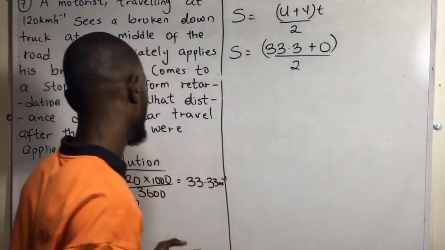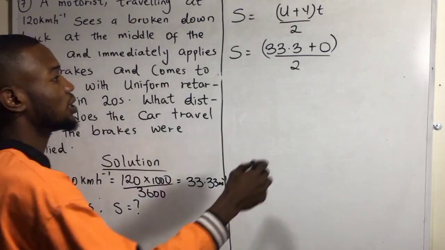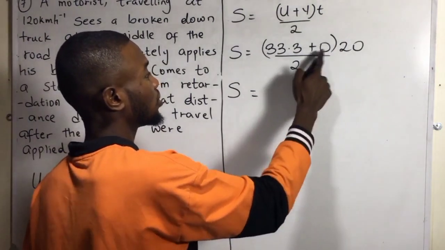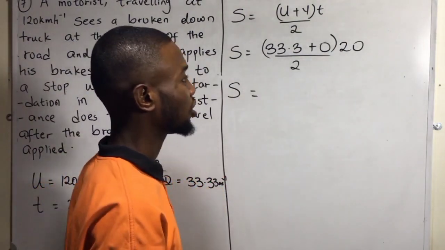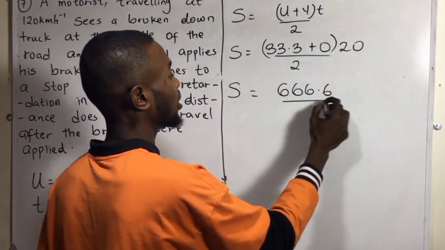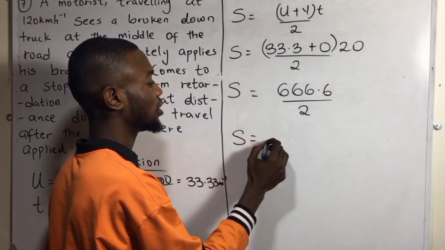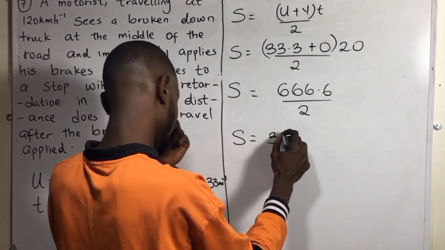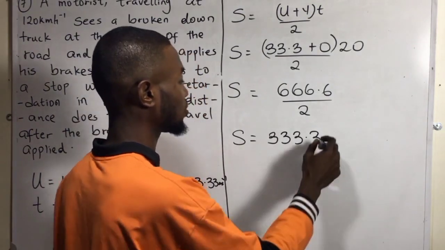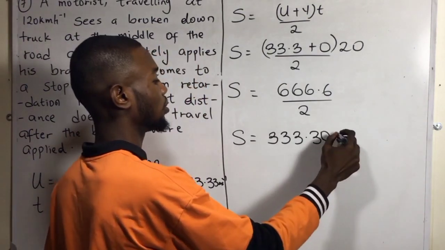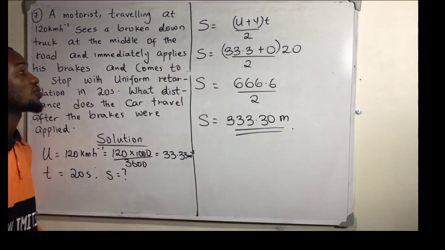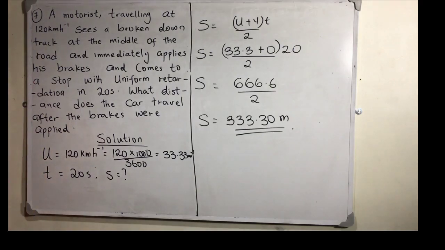Everything multiplied by the time taken, which is 20. So we have 33.3 plus 0 is 33.3, multiplied by 20, which gives 666.6. Now divide by 2, we have our distance to be 333.3 meters. So this is the distance covered by that body. When he sees this truck and decides to apply the brake, he's going to cover a distance of 333.3 meters.